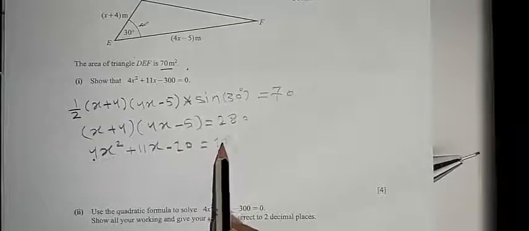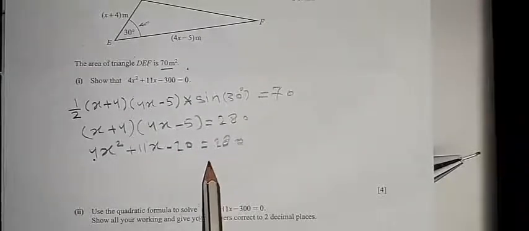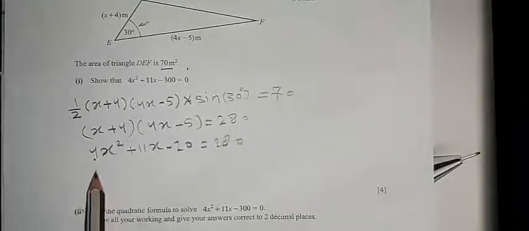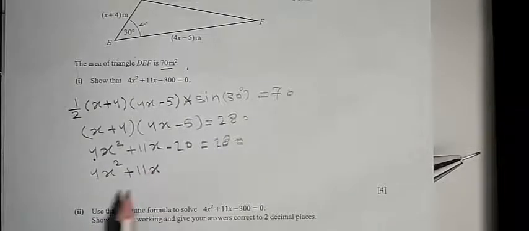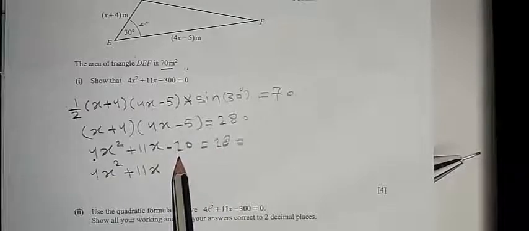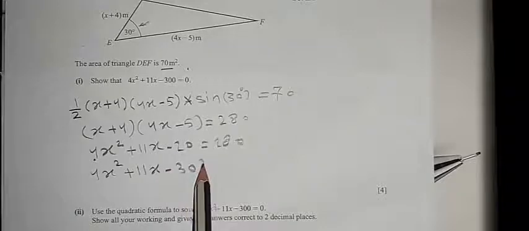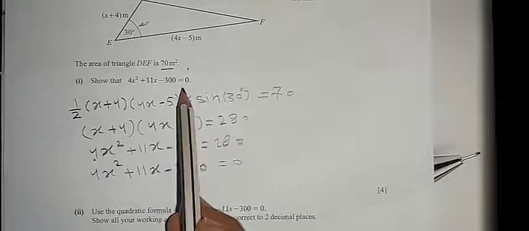This equals 280. Move this 280 to the left hand side. So 4x squared plus 11x, minus 20 minus 280 is minus 300, equals 0, as required.